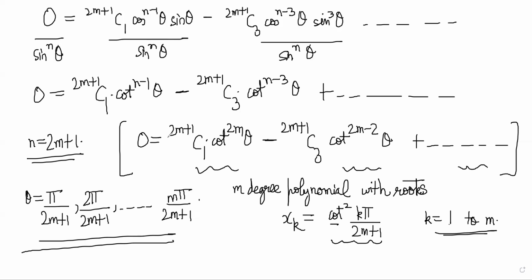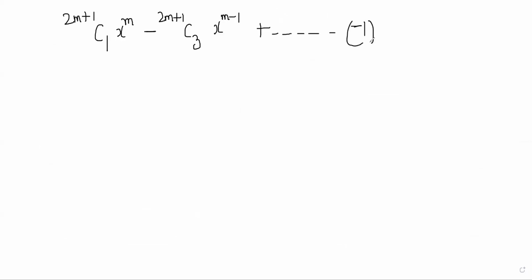And the polynomial itself is looking like what? The polynomial looks like this: 2m plus 1 c1 x power m minus 2m plus 1 c3 x power m minus 1 and so on till minus 1 power m 2m plus 1 c2m plus 1 equal to 0.